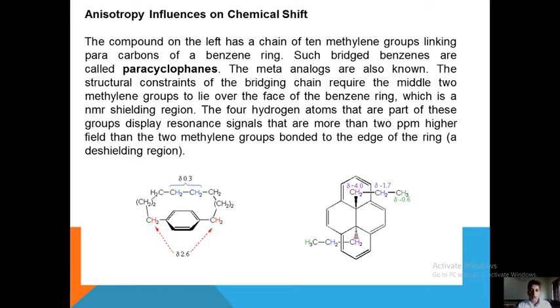So all these protons are shielded protons, and those on the periphery of the ring are de-shielded protons. In the previous lecture we learned which protons are shielded and which are de-shielded. The ring hydrogens give resonance signals in the range of 8 to 8.7 delta, as expected from their de-shielded location.